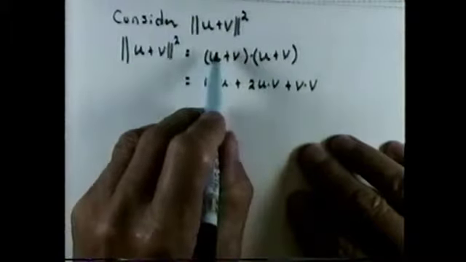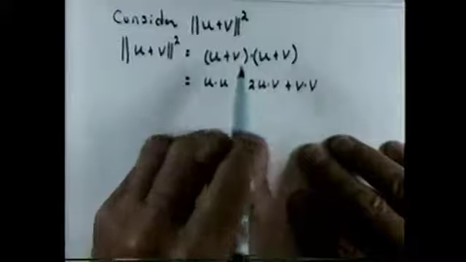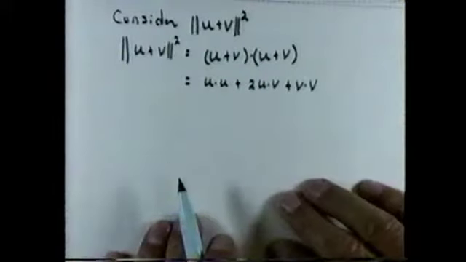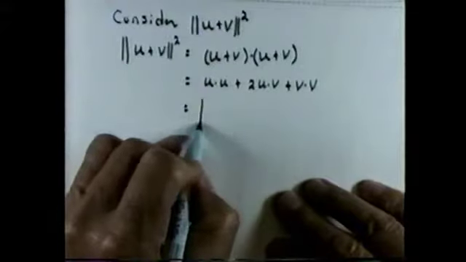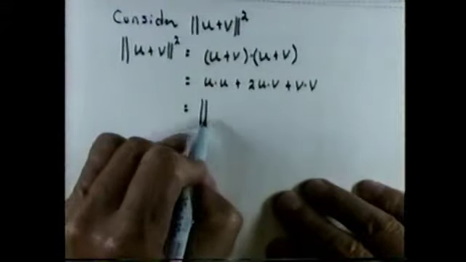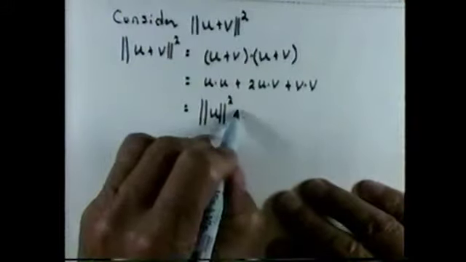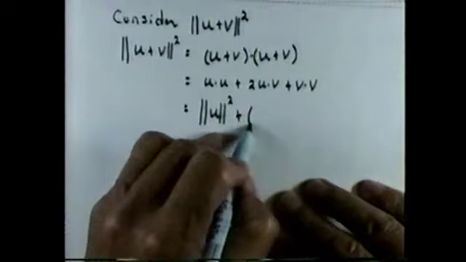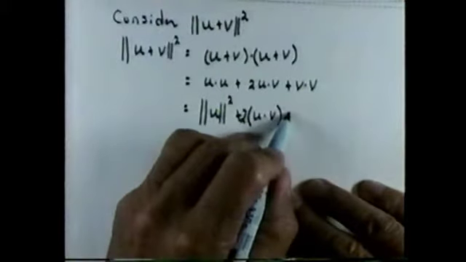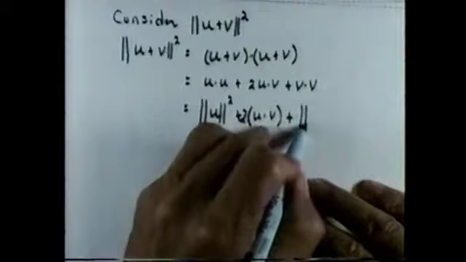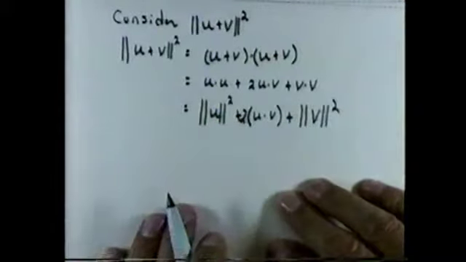u dot v plus u dot v would be 2 u dot v, and then v dot v. This is going to be the magnitude of u squared plus 2 times u dot v plus the magnitude of v squared.